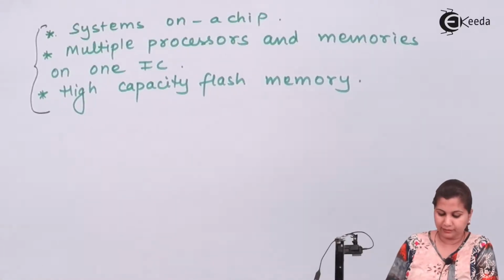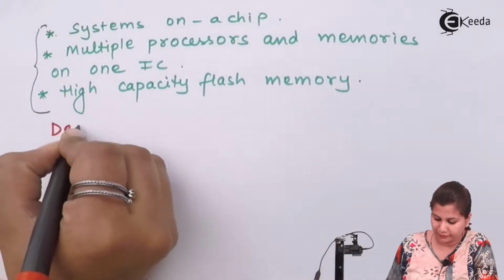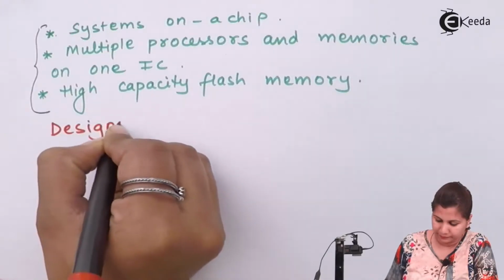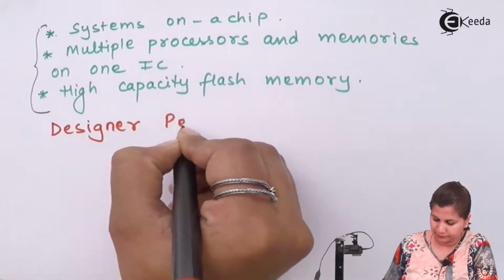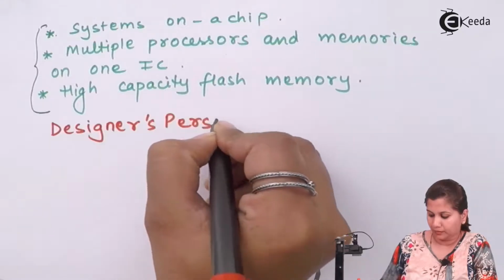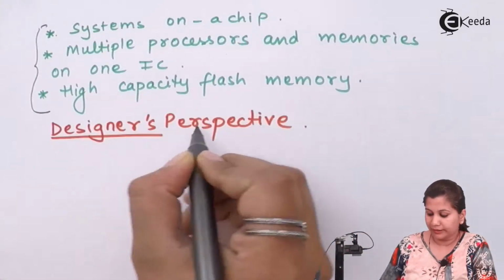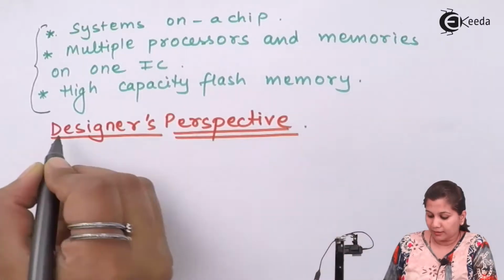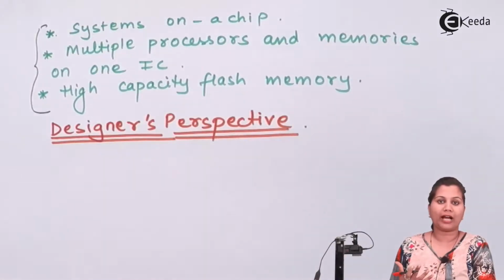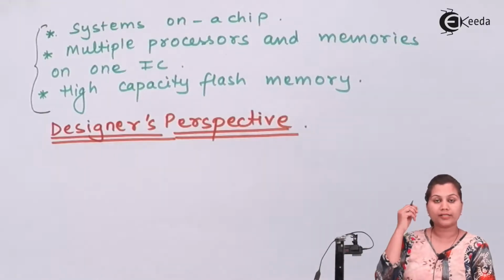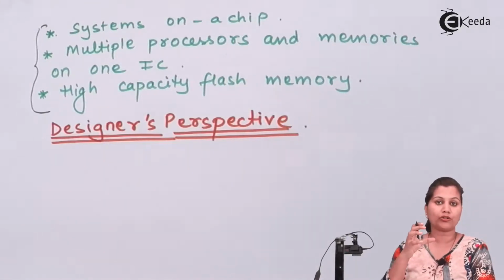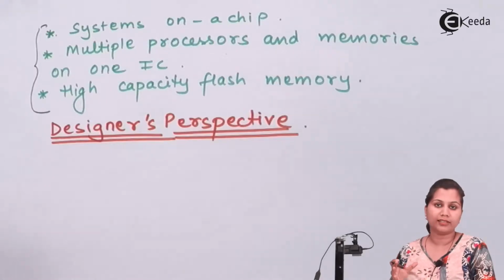Now let's see the designer perspective. When the designer is designing the digital camera, what are the expectations of that designer? What is the goal which he wants to achieve while designing the digital camera?